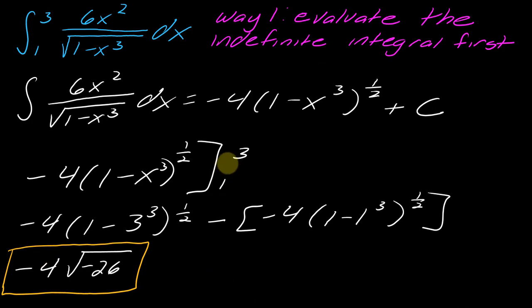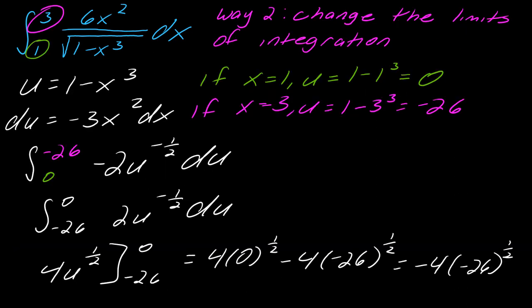But what I notice happens a lot, and you just have to figure out if you're one of those people, is that some people will plow through this and get to this step here, and then they totally forget about the definite integral, that they had to evaluate anything. So that can always be a little bit of a devastating blow. So if you are prone to that, then you definitely probably want to use way 2 so that you just don't forget. I know this always feels a little bit awkward at first when you're trying it. But once you get used to the idea, I think it's a little bit faster. But then again, I'm a math teacher.